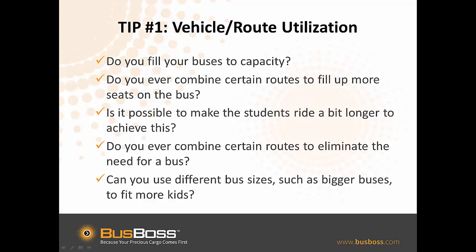And then thinking about the different bus sizes, it may be more cost efficient for you to purchase another bus, because now you do have a 72 passenger bus that you can load to full capacity, where you have a bunch of little buses that are costing you way too much to maintain them, way too much on salaries for different drivers to drive them.